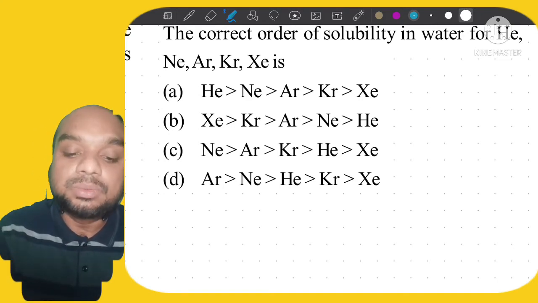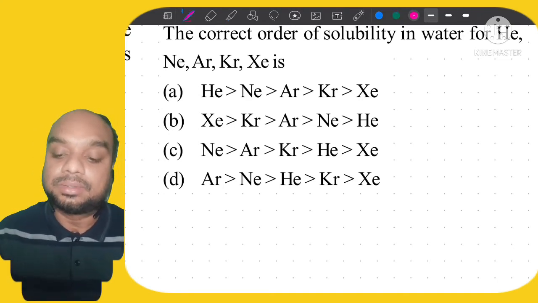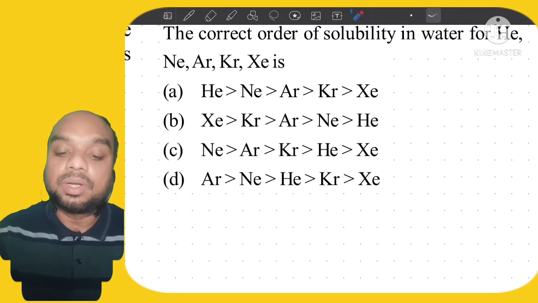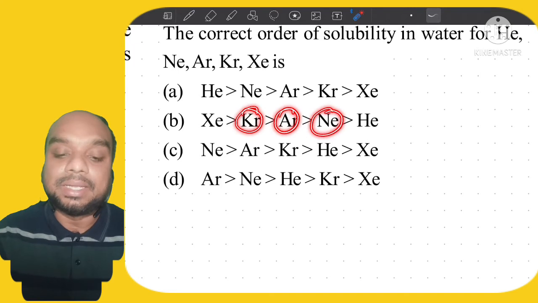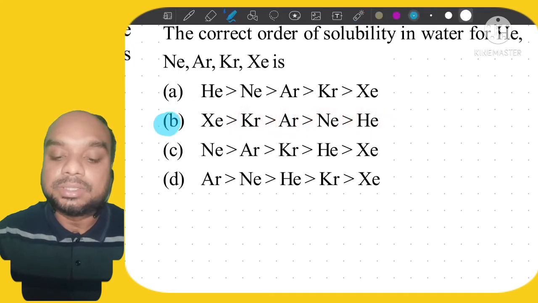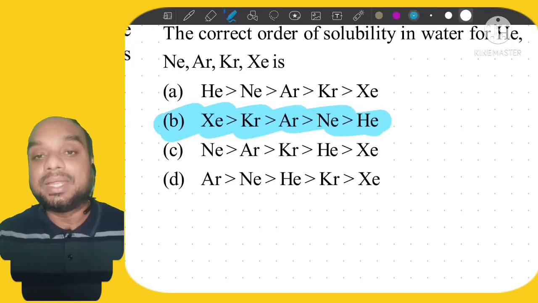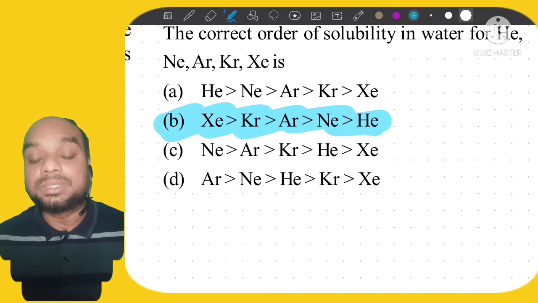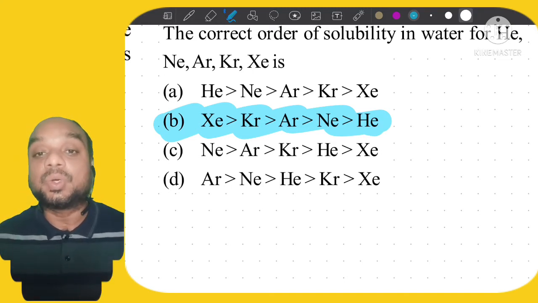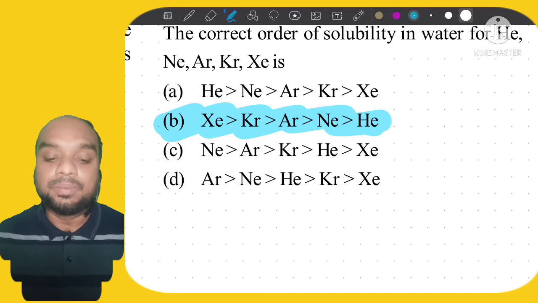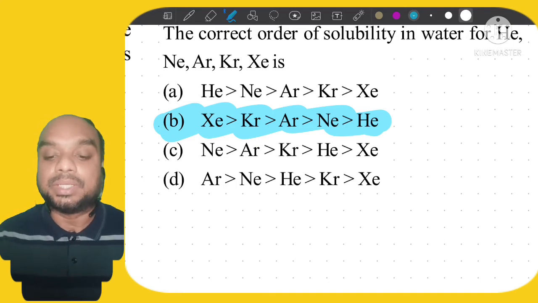So which substance is more soluble in water? Xenon. Next krypton, argon, neon, helium. So this is the right answer. For this type of non-polar substance, as surface area increases, solubility increases. Based on that, we can choose option B.